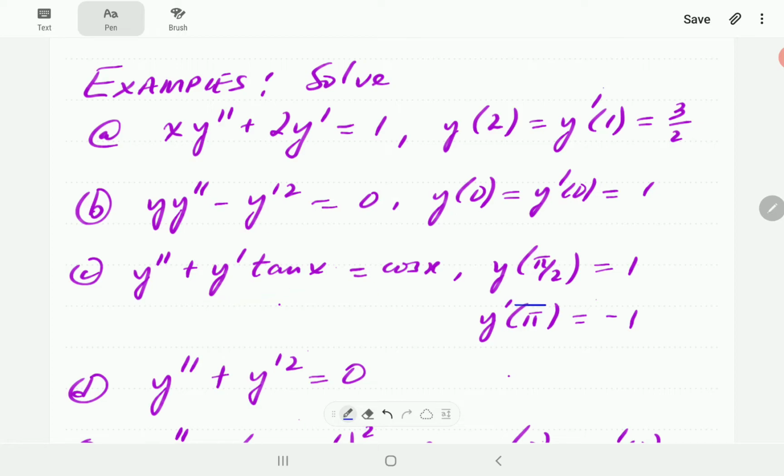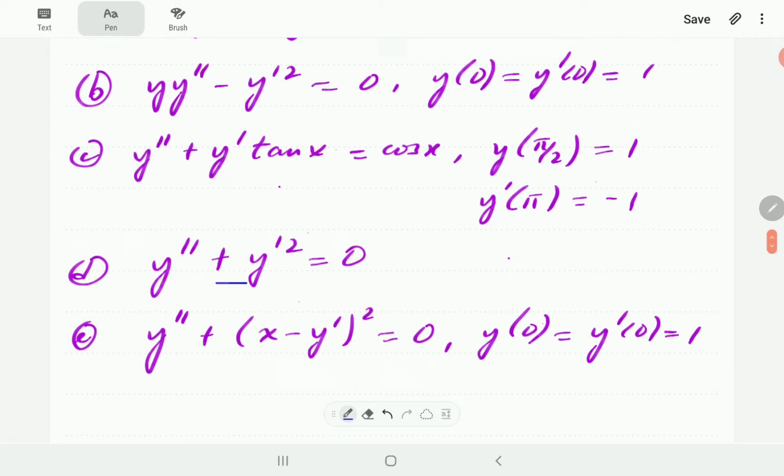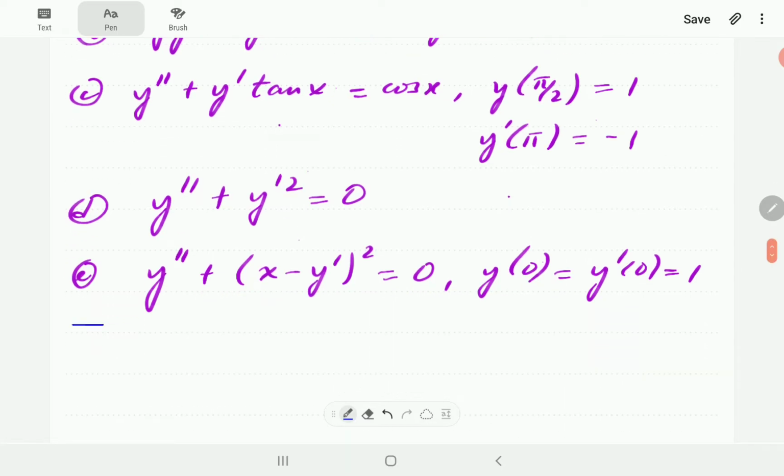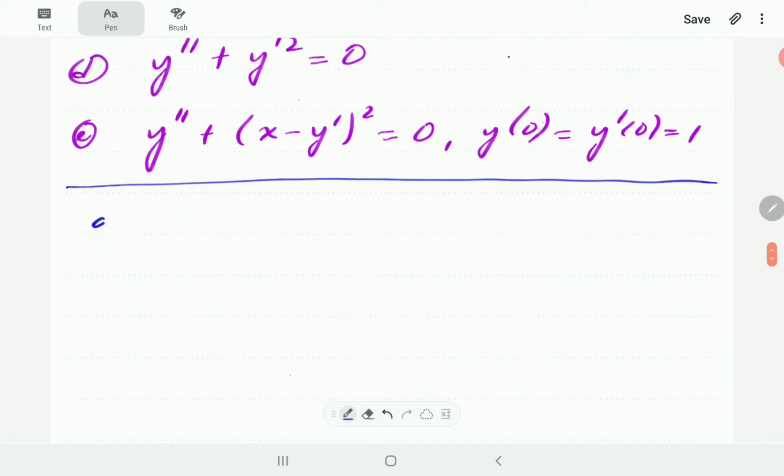The third one is also a boundary value problem. The fourth one, there are no initial or boundary conditions given. And this one is also an initial value problem. So let's get on with the first one.